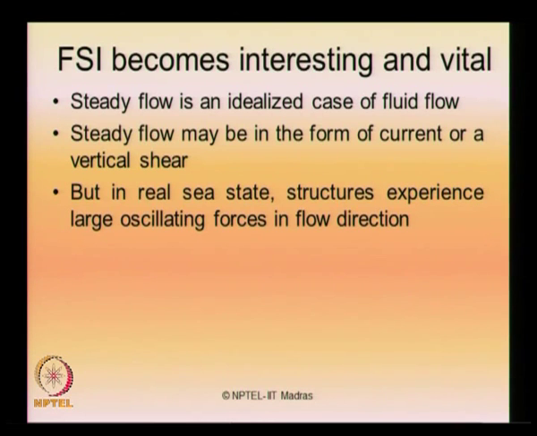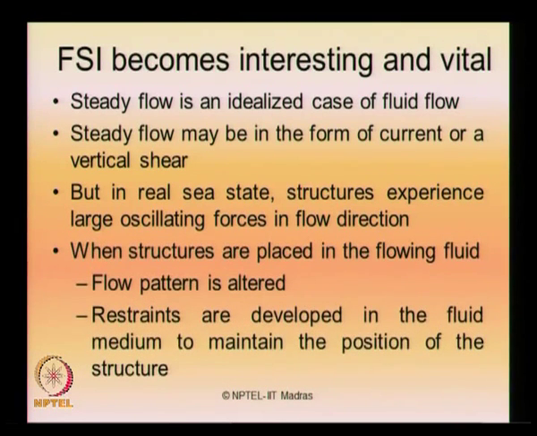Okay. So when the structures are actually placed in the fluid domain in the fluid flow direction, the fluid pattern is seen to be altered significantly. That is the first observation one makes. In a fluid flow, if you interfere with a member of any diameter, the fluid pattern is first altered, number 1. Number 2, the restraints are developed in the fluid medium to maintain the position of the structure, because the structure does not want to get displaced.